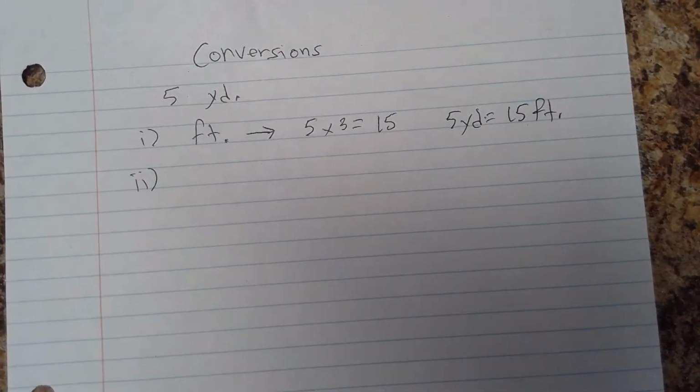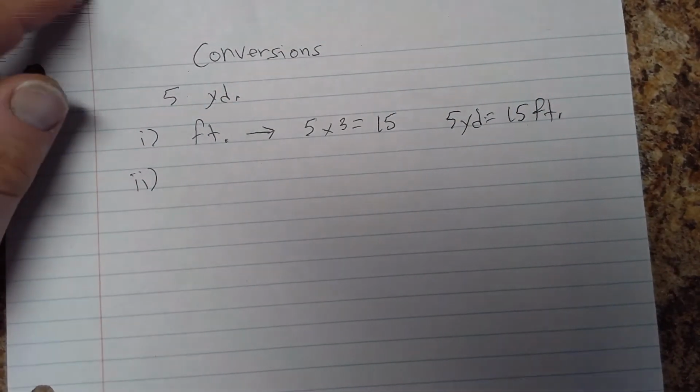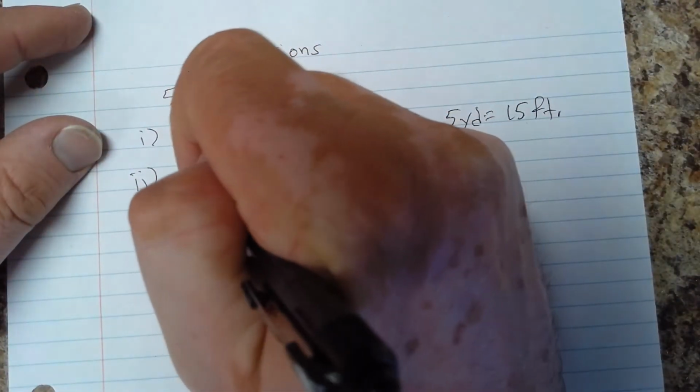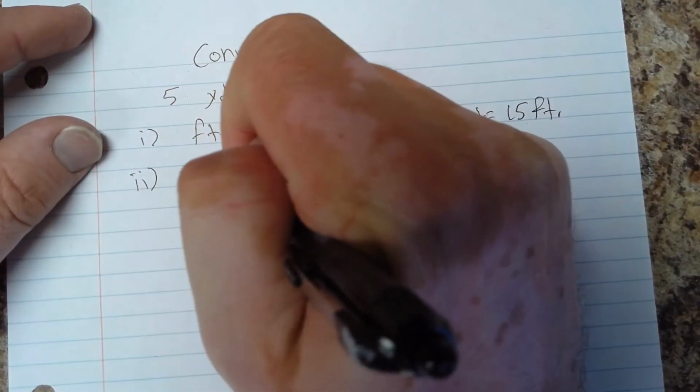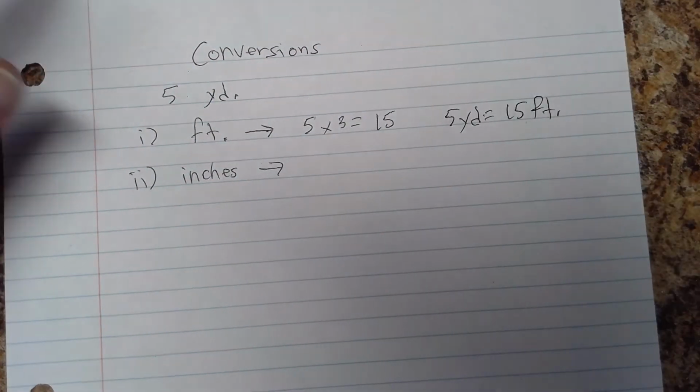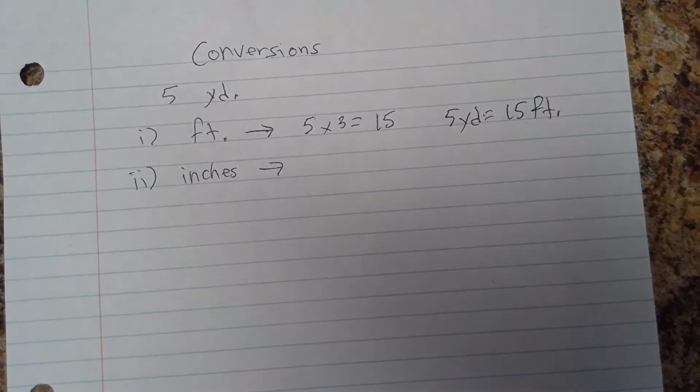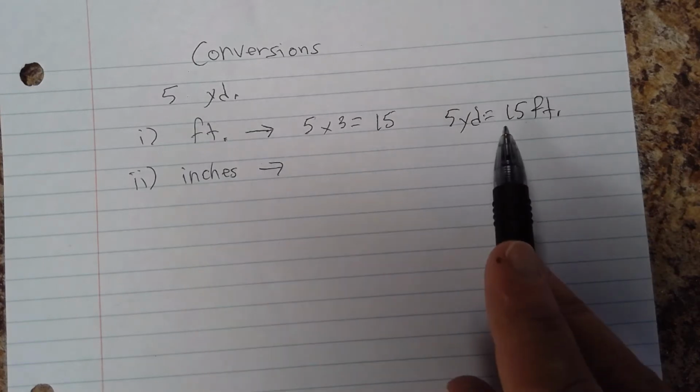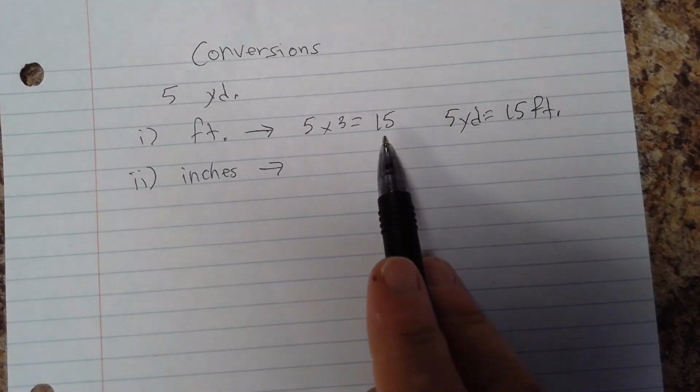2. Inches. Well, there's no need to start with 5 again. We've already got 15 feet, right? And how many inches are in a foot? Go back to the chart that we made and you'll remember that there's 12 inches in a foot. We've already converted 5 yards into feet, so there's no sense doing 5 times 3 again.